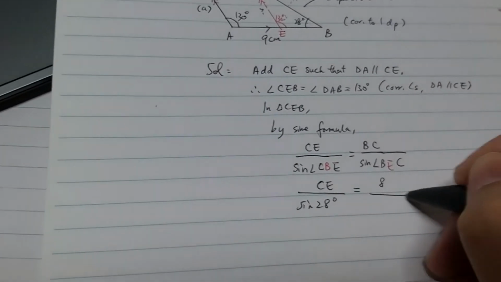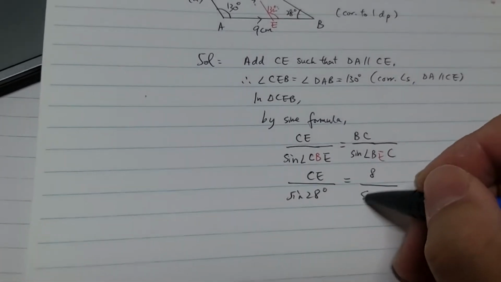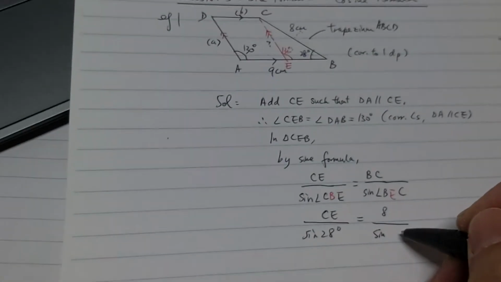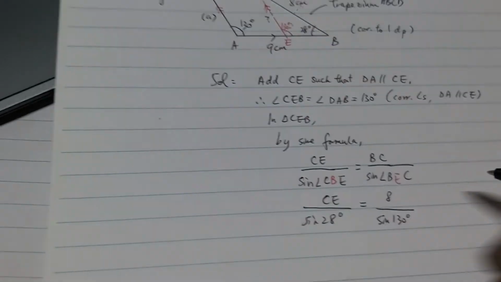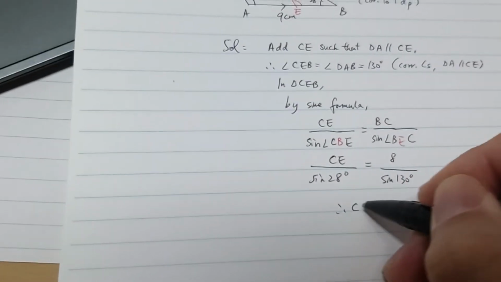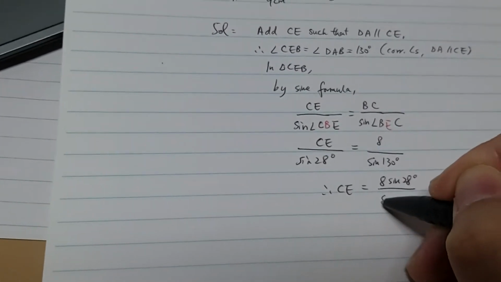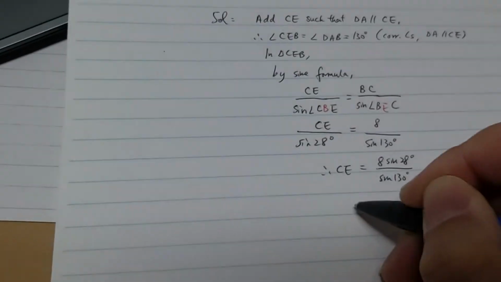BC is 8 cm, angle BEC is 130 degrees. Therefore, CE is 8 sine 38 degrees over sine 130 degrees.